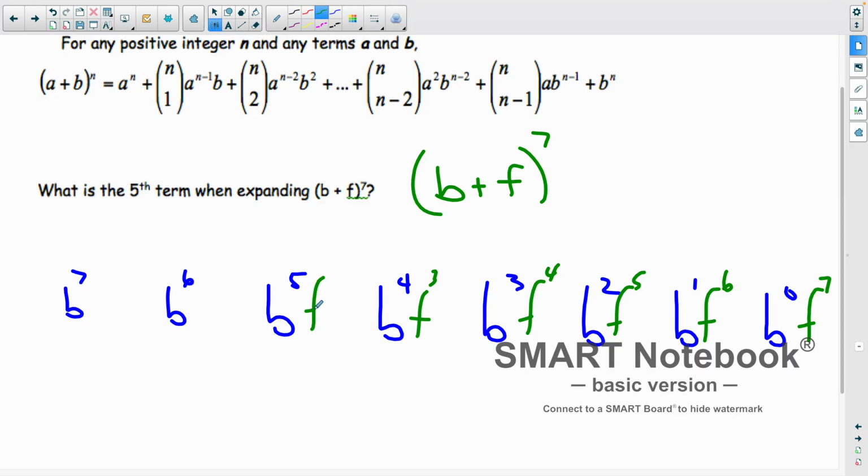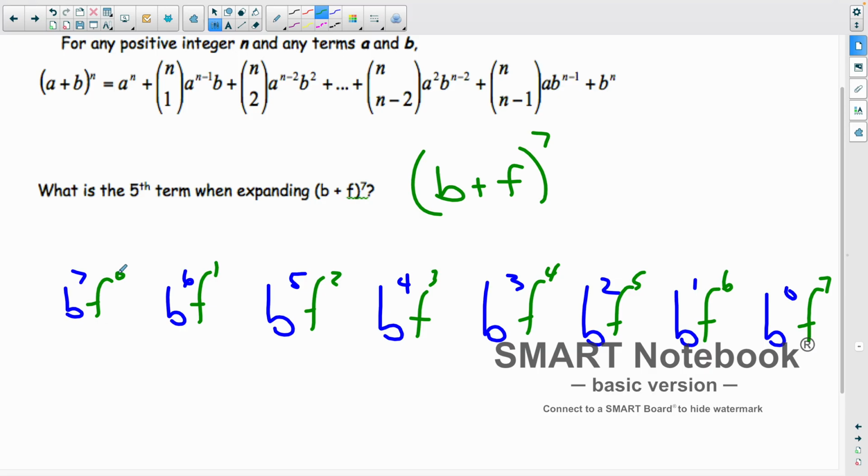F to the 3rd, F to the 2nd, F to the 1st, and then F to the 0. Do I really need to put the F to the 0 and the B to the 0? No. Because that's what? That's 1, so I don't really need to. So there's all 8 of my terms. All right, everybody okay with that?